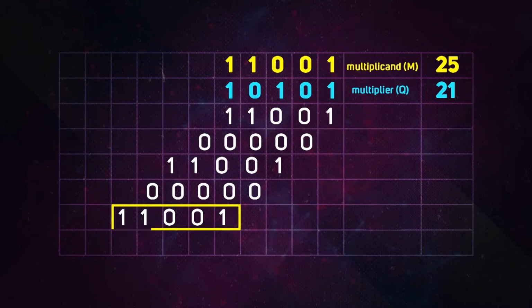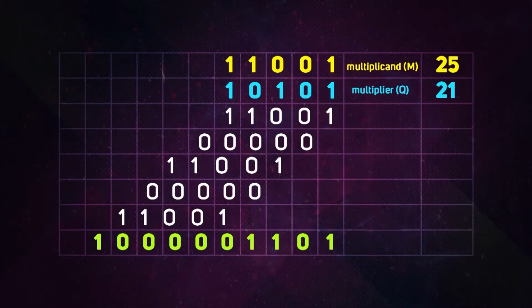Adding all these partial products, we get the result 1000001101, which is equivalent to 525 in decimal.